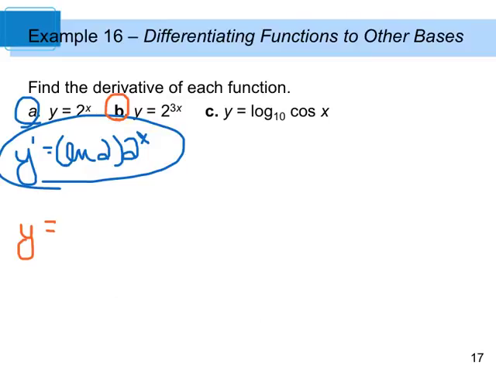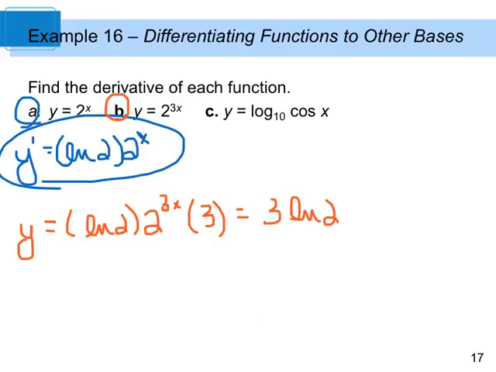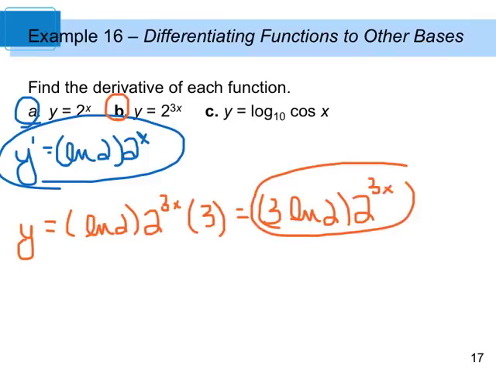So now I'm going to have the natural log of 2, so the natural log of a, times a to the u times u prime. And this, I think, just doesn't look as good as it could look, so I'm going to move the 3 out front. 3 times the natural log of 2 times 2 to the 3x. And I kind of like how that one looks.